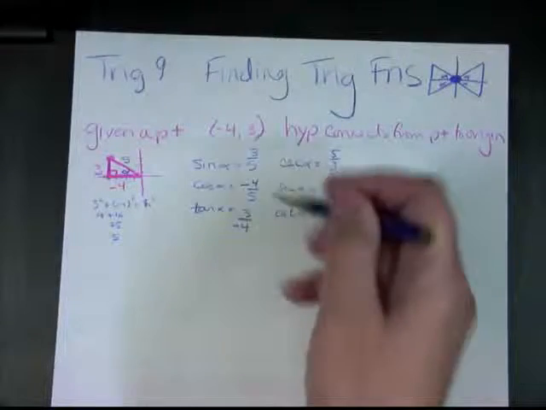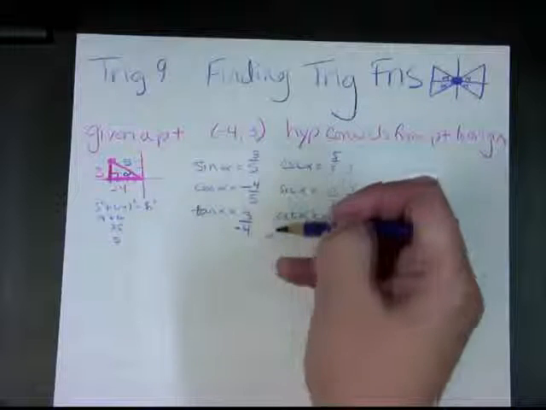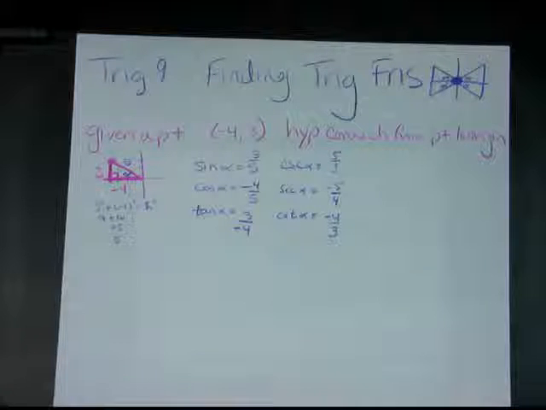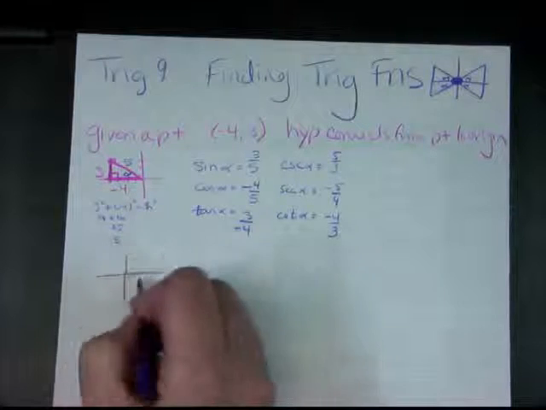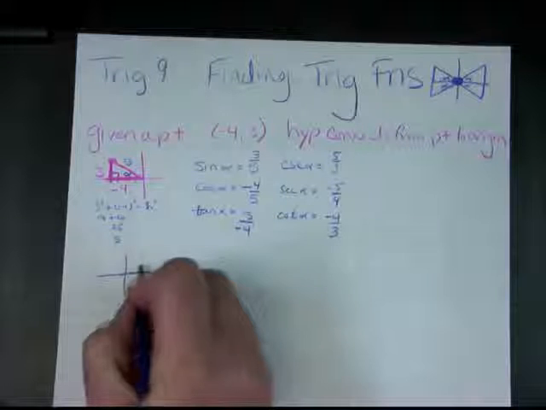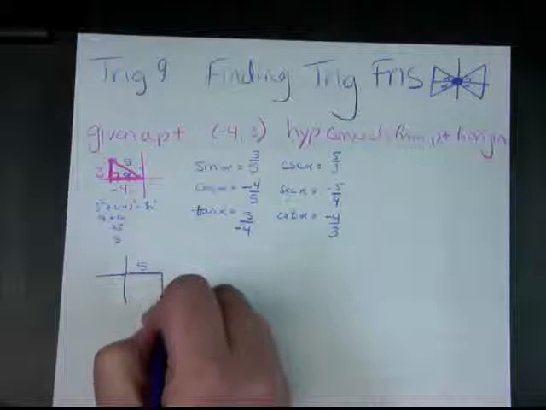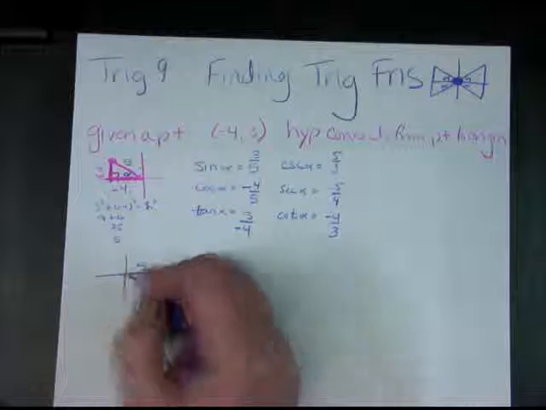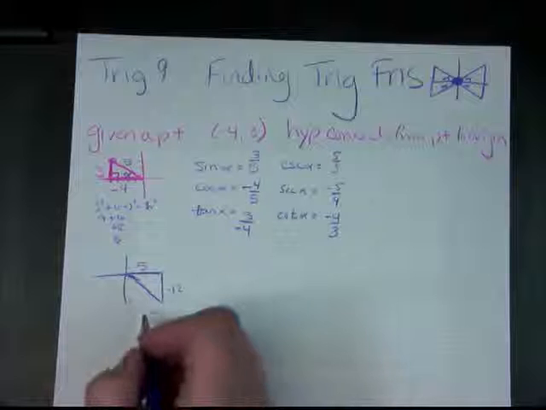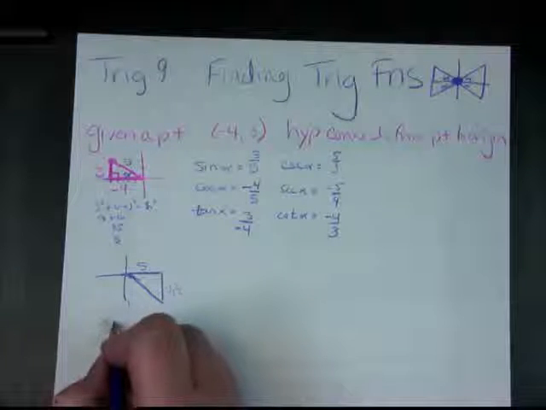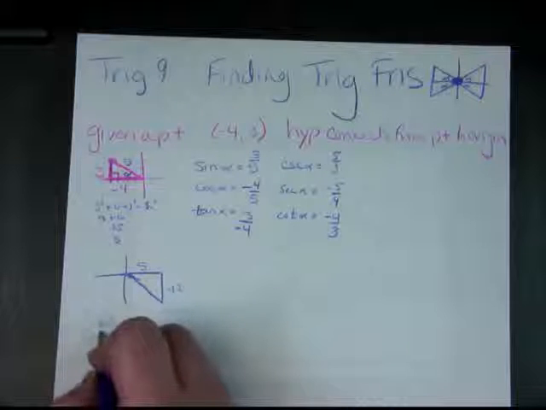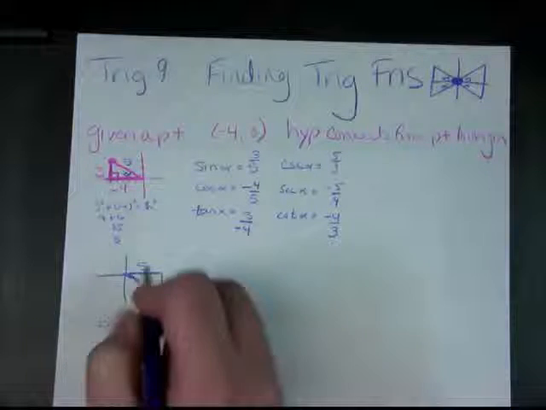If you do it this way one time, writing everything out, then on problem number 2, if you were given another point, let's say the point is 5, -12, you would get 5 squared, which is 25, and 12 squared, which is 144. So 25 and 144 is 169, for 13.